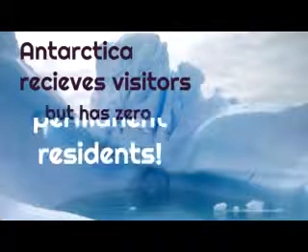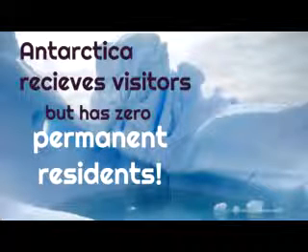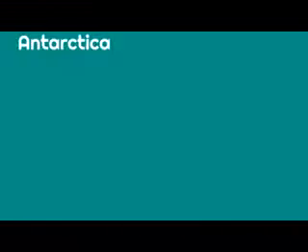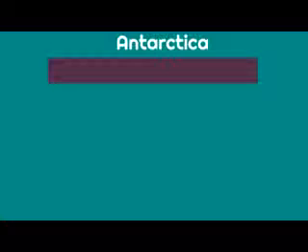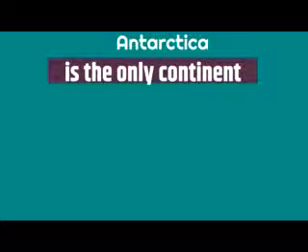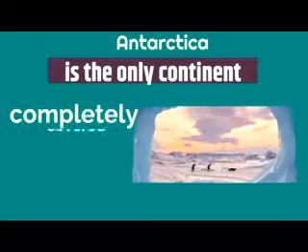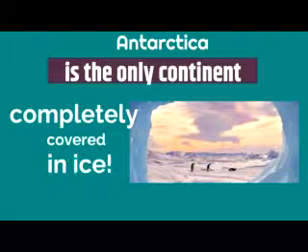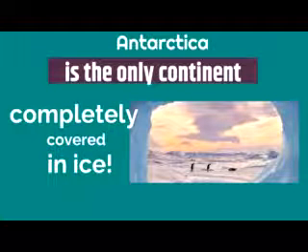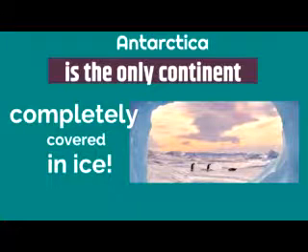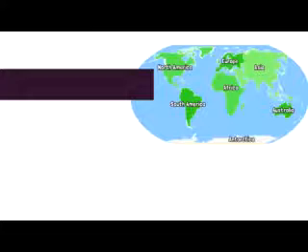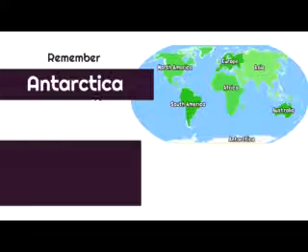That means no one lives there full time. Antarctica is the only continent completely covered in ice. That means the only biome that Antarctica has is the tundra biome. Remember, Antarctica is at the bottom of the world map.